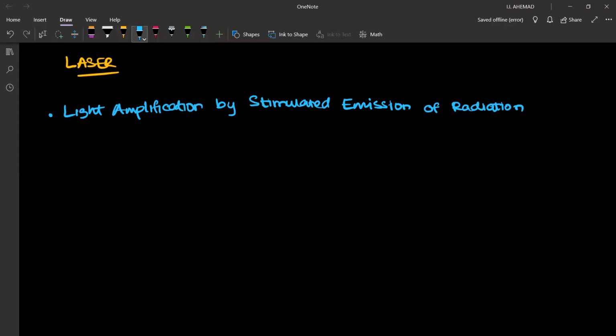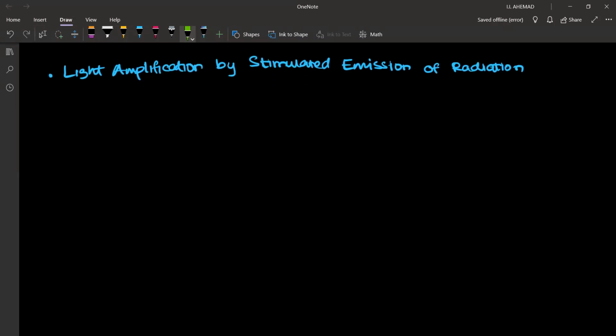Now, to understand how a laser works, first we have to understand a few concepts, the few processes that could occur when light interacts with a certain material. We have to know about them.